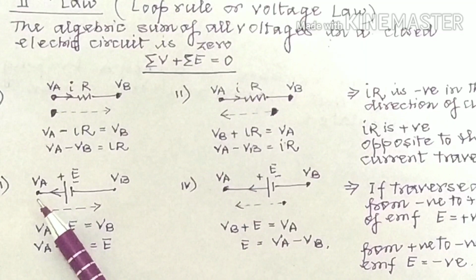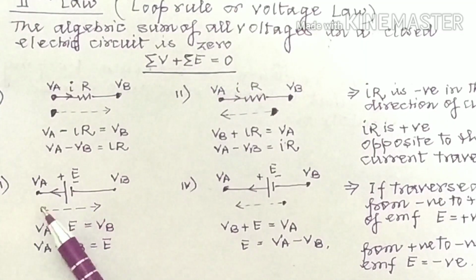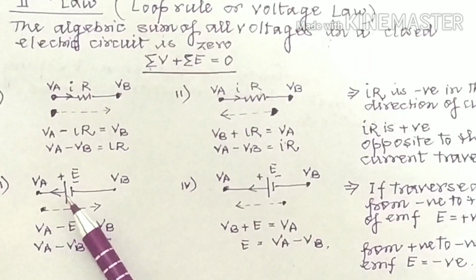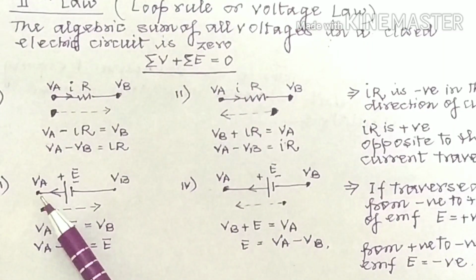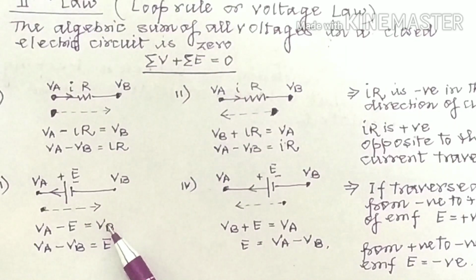That is, in moving from left to right, opposite to the direction of the current, EMF will be taken as negative. So VA minus E is equal to VB.